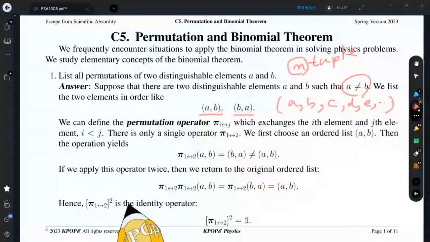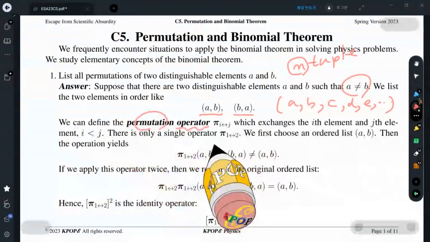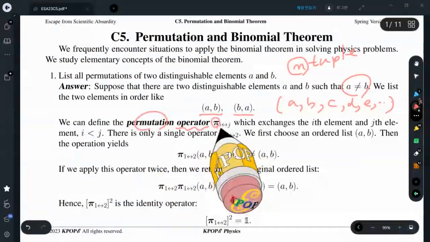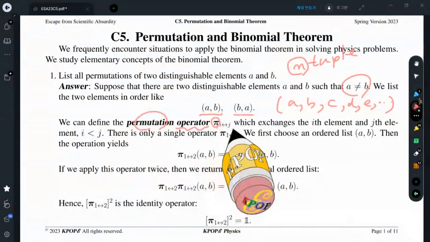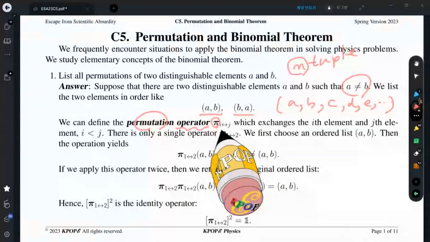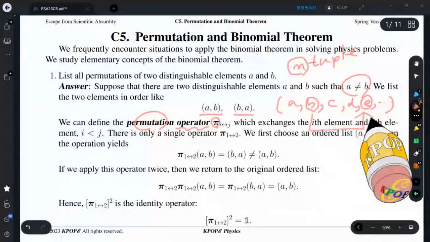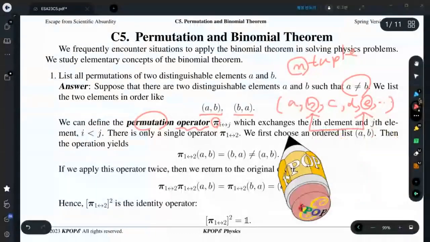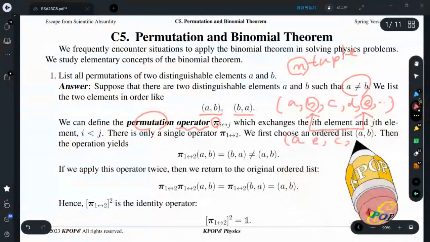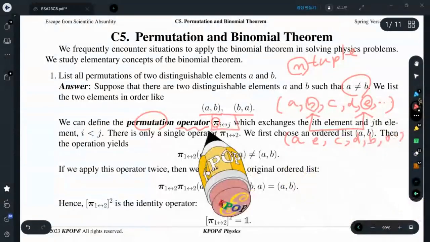We define a simple operator that is called the permutation operator, denoted by pi, i left-right arrow j. That means we exchange the ith element and the jth element in the order of the list. So A, E, C, D, B, something like that, after applying this operation.